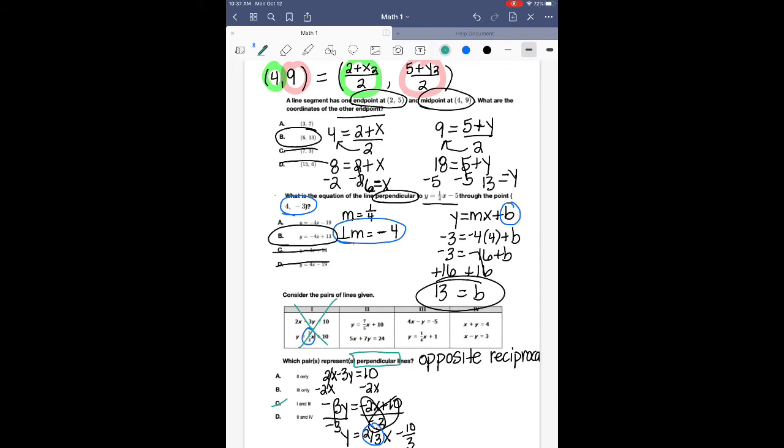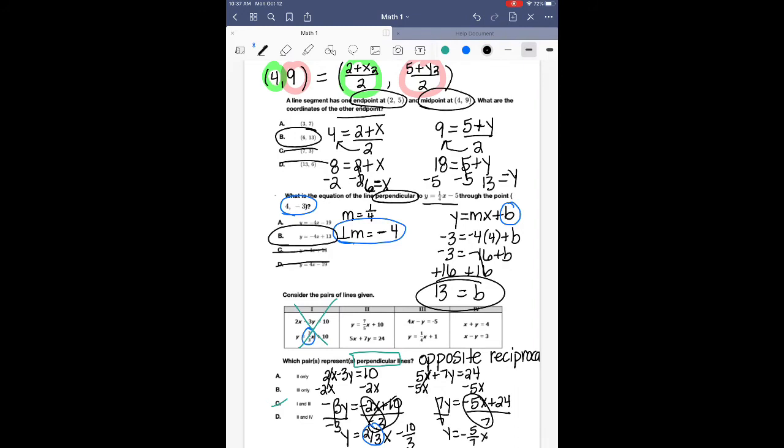All right, so let's look at number 2. Number 2, I have 5x plus 7y equals 24. Subtract 5x. So 7y equals negative 5x plus 24. And divide by 7.